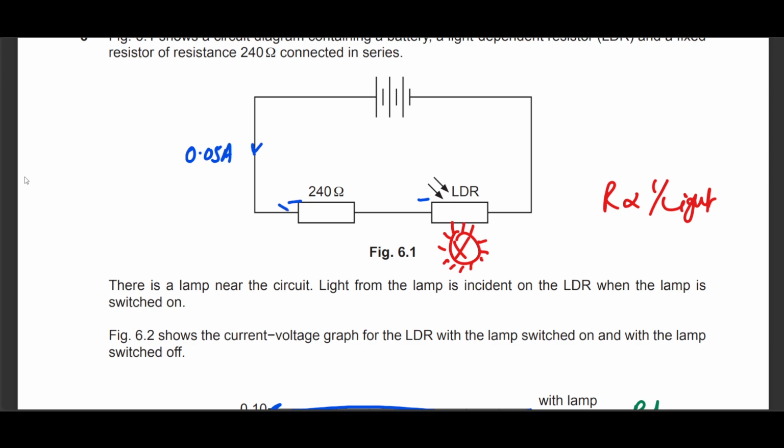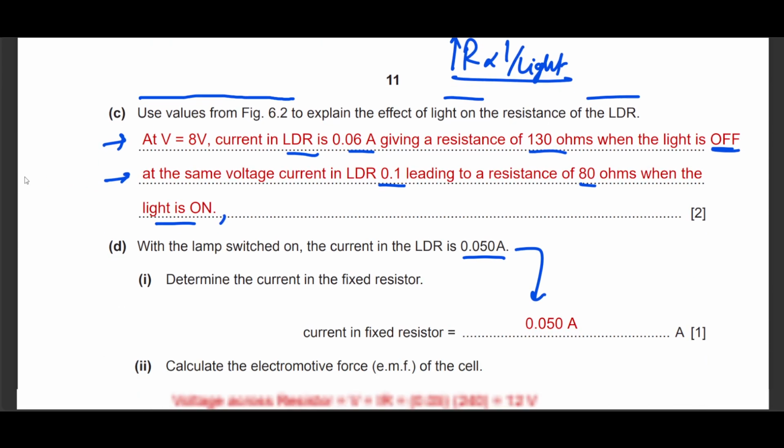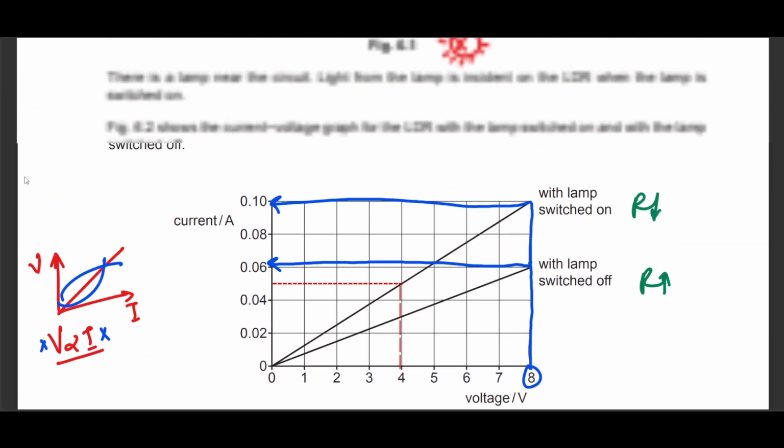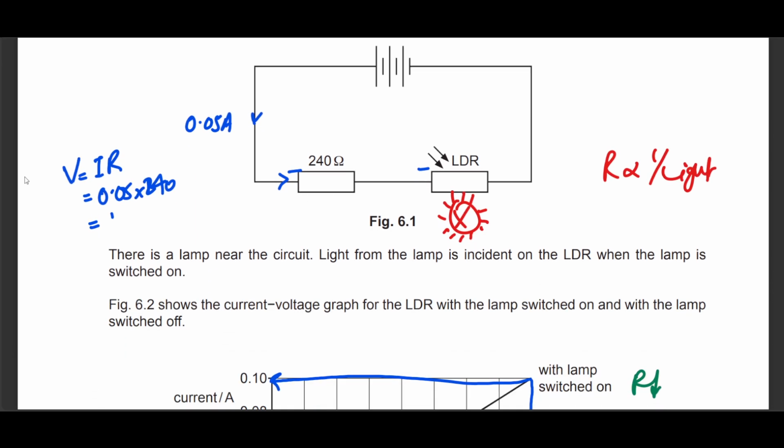So what we can do at least is find the voltage of the resistor itself, or the voltage consumed by the resistor, which will be IR. So 0.05 multiplied by 240 comes out as the first value, that is 12 volts. So the resistor must be consuming 12 volts in the current situation.